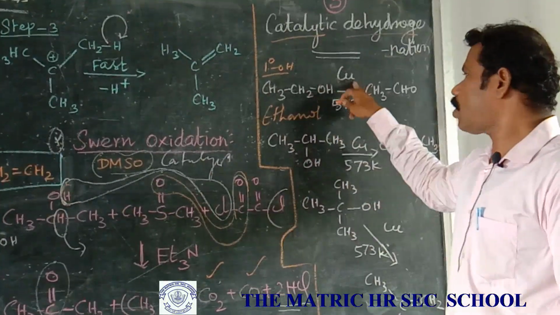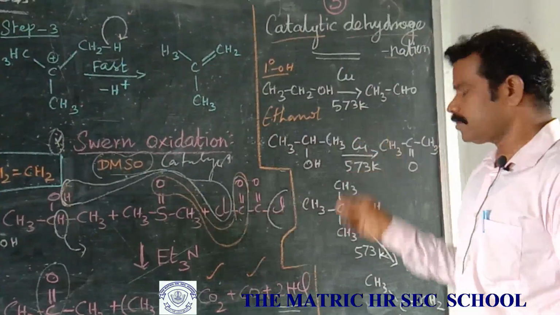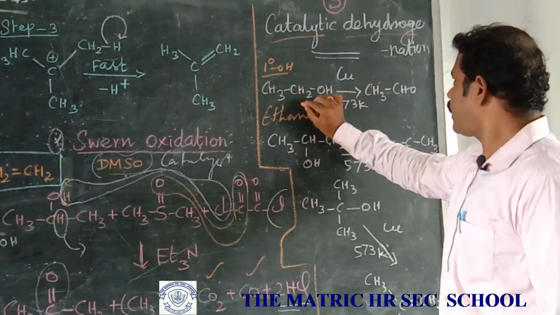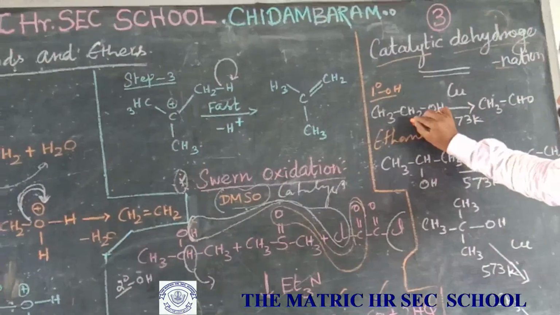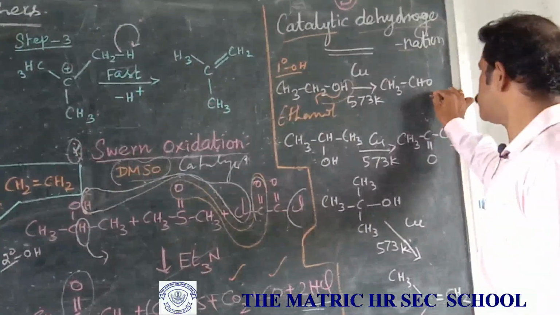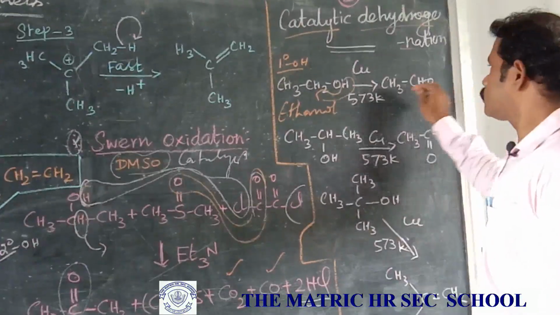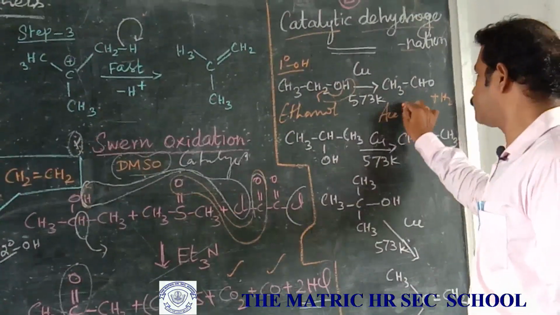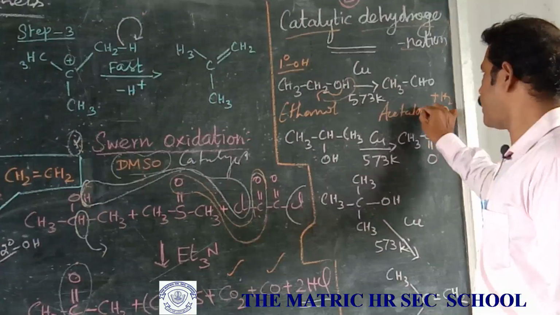You will add ethanol to copper at 573 Kelvin. So one hydrogen and another hydrogen go out. So H2 is liberated. So you will get CH3 CHO, the aldehyde, that is acetaldehyde. This is the acetaldehyde you will get.